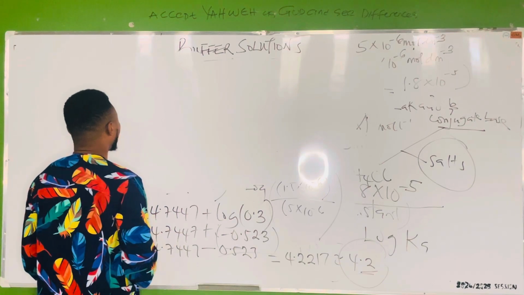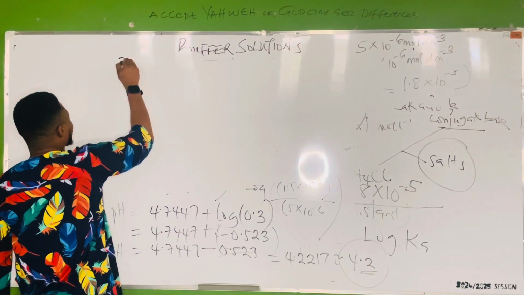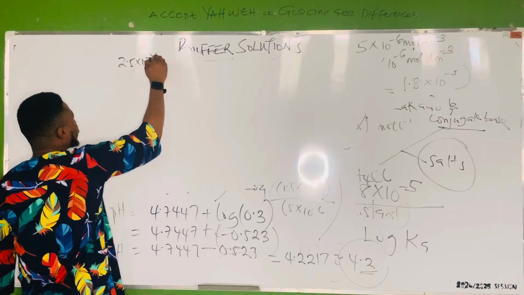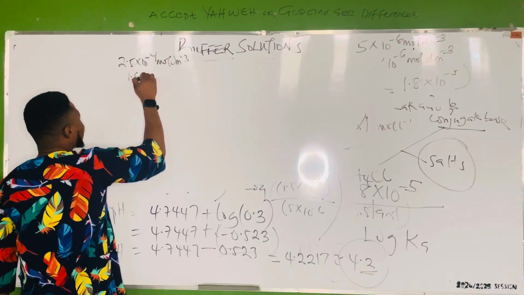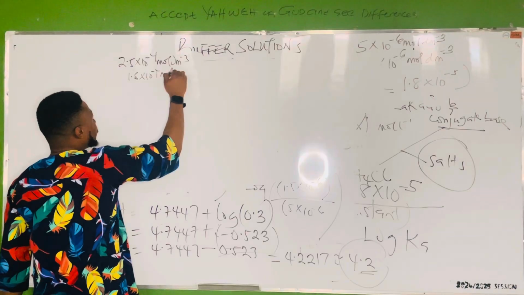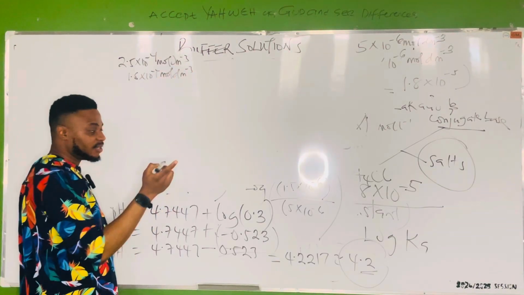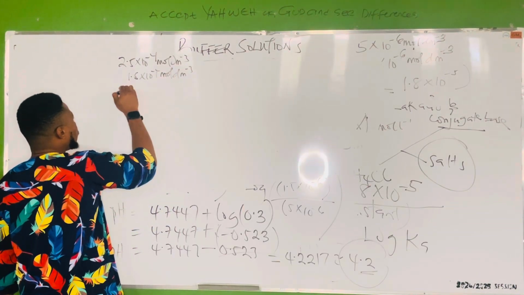So we have 2.5 times 10 raised to power minus 4 mole per dm cube and 1.8 times 10 raised to power minus 4 mole per dm cube respectively, for ammonia and ammonium chloride.